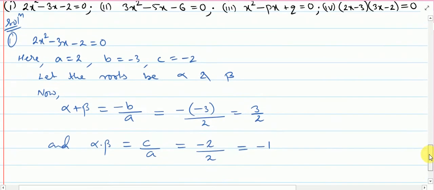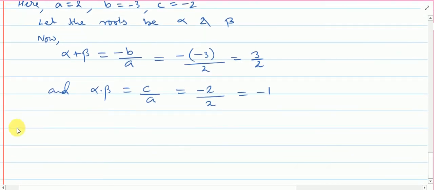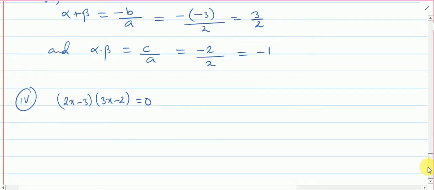Okay, so we have number 4, 2x minus 3 and here 3x minus 2 equal to 0. When you expand this, you will get it in the form ax square plus bx plus c equal to 0.